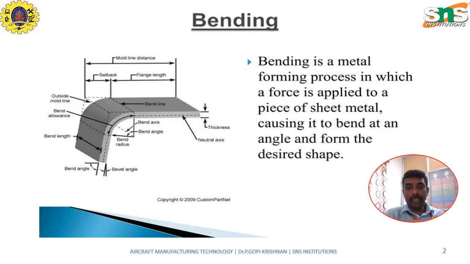Bending is one of the sheet metal operations that belongs to the forming process, in which a force is applied to a piece of sheet metal, causing it to bend at an angle and form the desired shape.